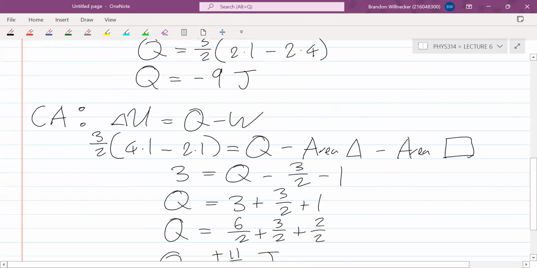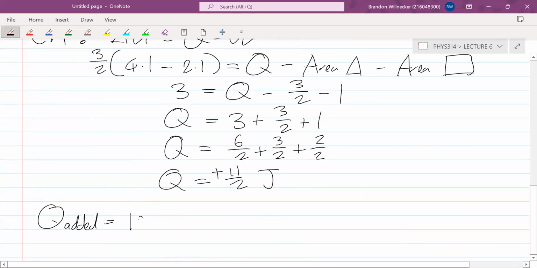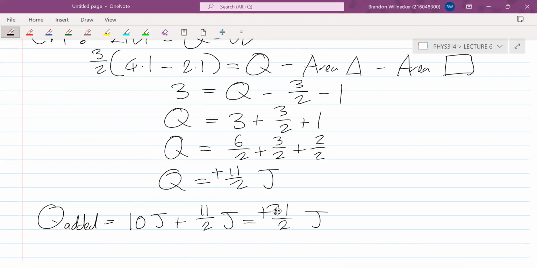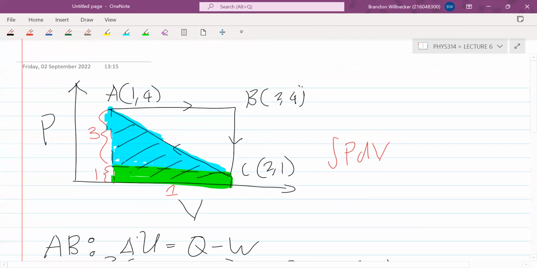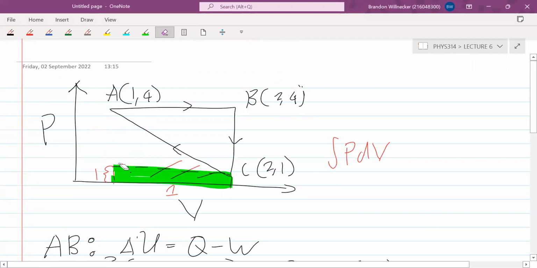So that's 10 plus 11 over 2, which is 31 over 2 joules. You can put a plus there because that's what we're adding. The second question asked for W net, the net work done. If we look at this picture again, just remove this here.